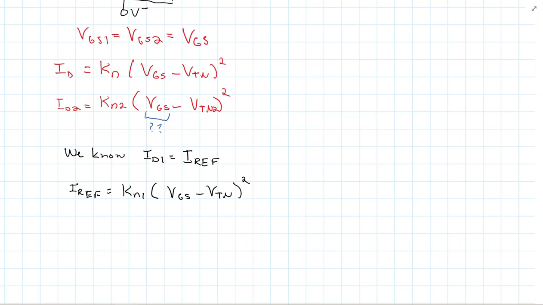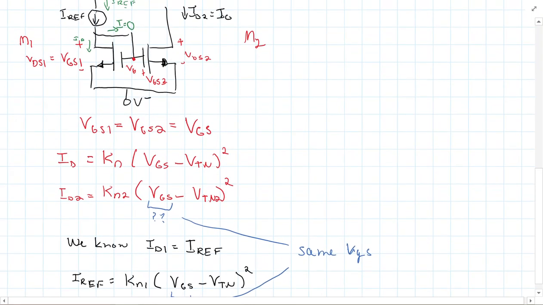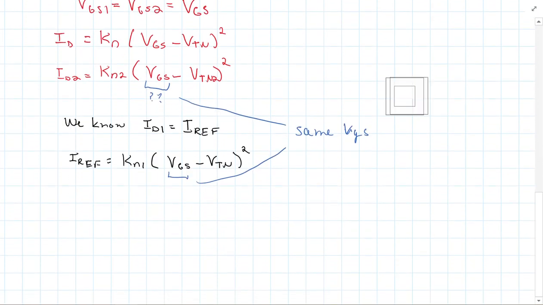But this VGS is the same VGS, because remember, VGS between these two MOSFETs is the same. VGS1 is equal to VGS2, which is equal to VGS. Okay, so that's the same.